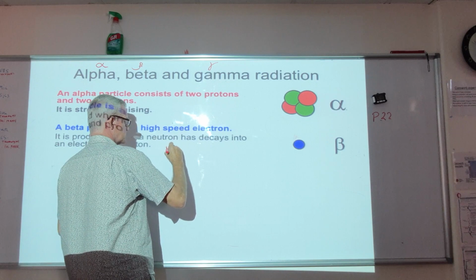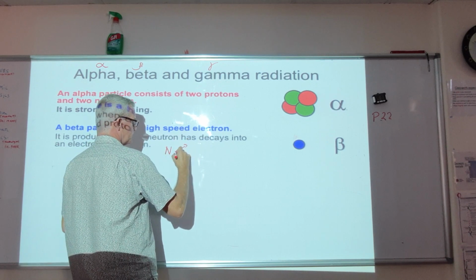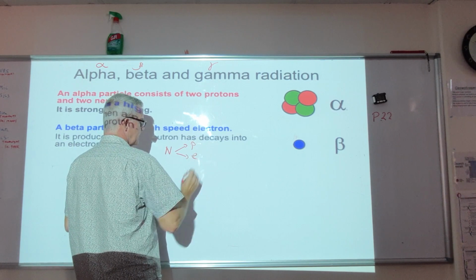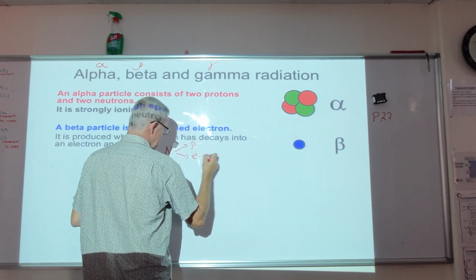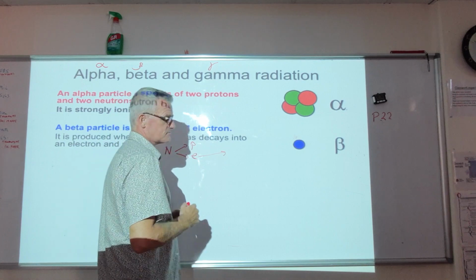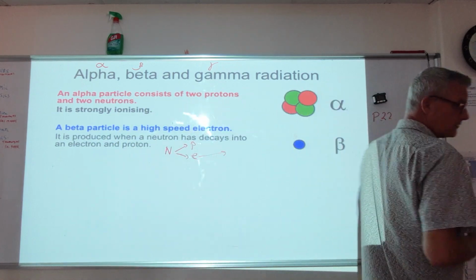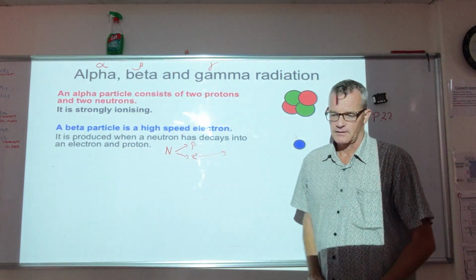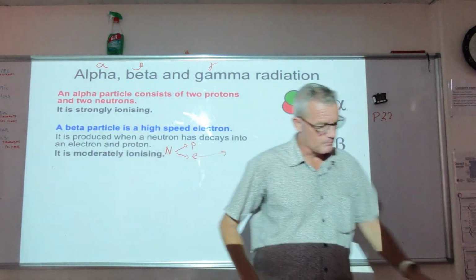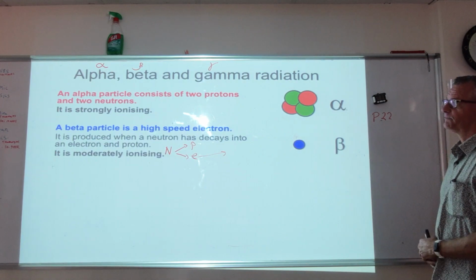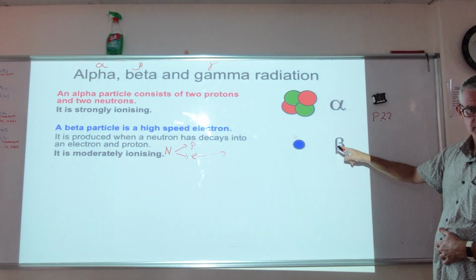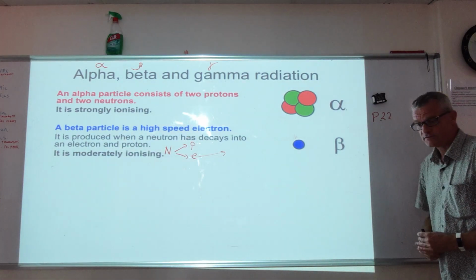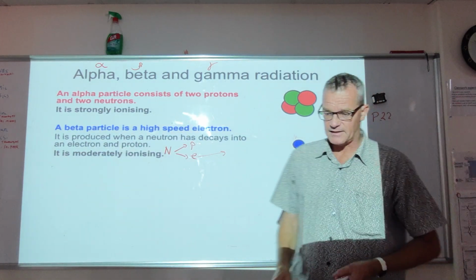So a neutron produces a proton and an electron, and it is this electron that is radiating, and that is what we call beta radiation. Moderately ionizing, but they have a much higher speed than alpha, and can penetrate a little bit more.